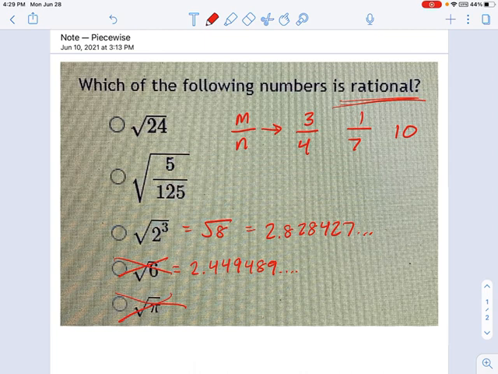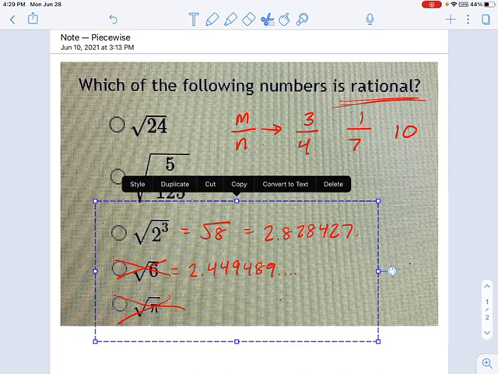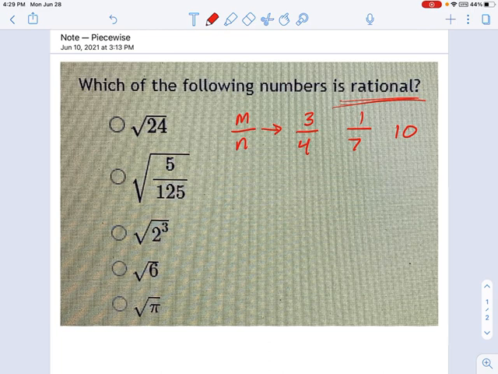How about the square root of 5/125? Well, initially you may be looking at that like, gosh, that's even worse. That's a fraction inside a square root. And you know that the square root of 5 is not rational. If you type it into your calculator, you're going to get another one of these terrible decimals. But think about what 5/125 is.